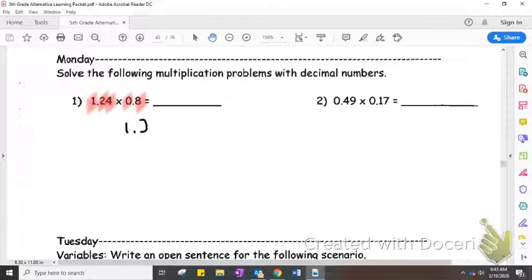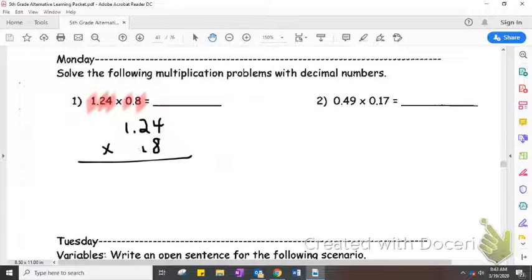1 and 24/100 times 8/10. Let's see. Trying to put my decimal point. Okay, well, that's going to be a decimal point. Now, because we're multiplying, I don't have to line them up by their place value.